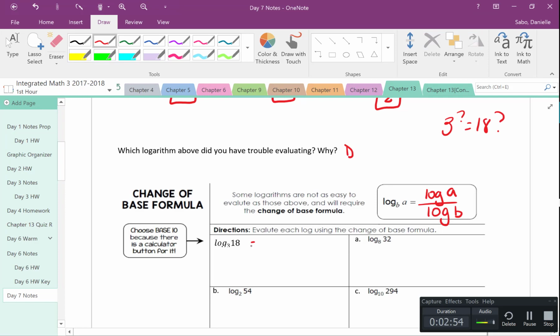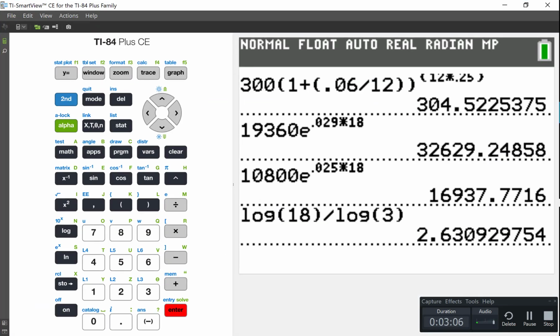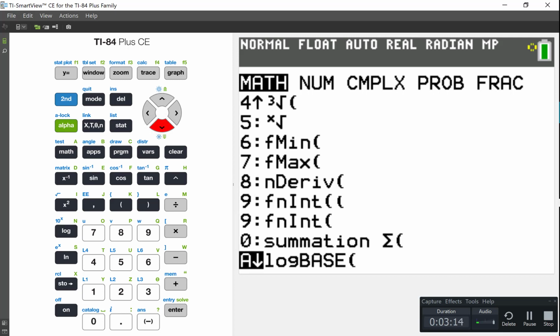So I want you to go ahead and try the rest of them out. Actually, no, let me show you the trick for that one before I do that, because some of you do have a fancy calculator. If you press math, if you have a fancy calculator, and you scroll down, I think it's option A here.